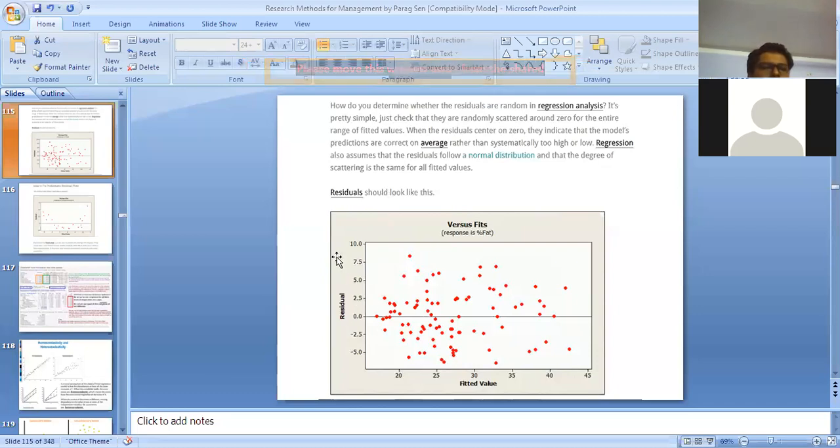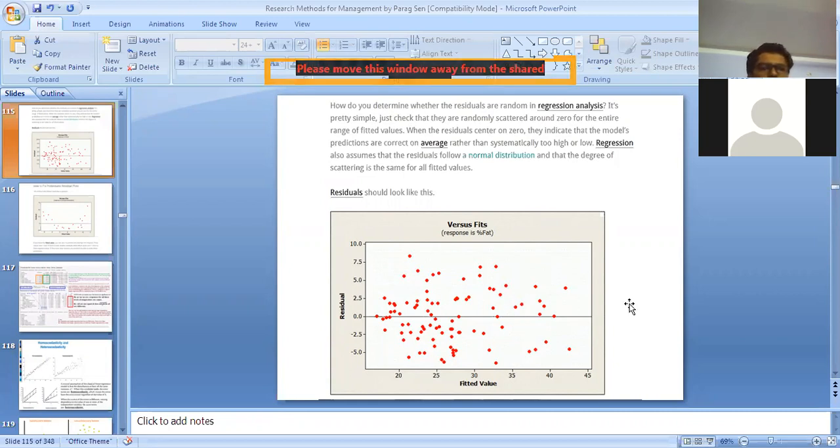You can see that this data is very much scattered. So you can say that your residuals do not depend upon the estimated or fitted value. So this is random.